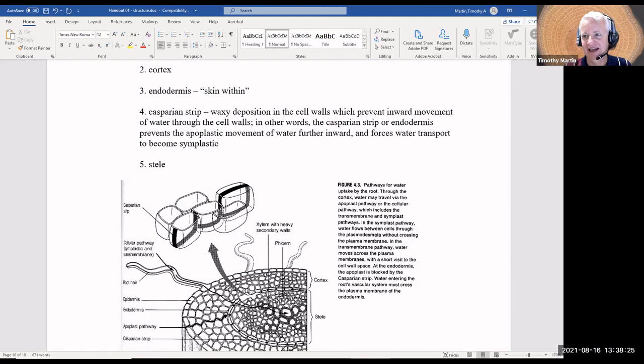Okay, so the endodermis with the Casparian strip provides some filtration against water that's being taken up before it reaches the stele, which is the combination phloem-xylem tissue at the center of the primary root. So that's root structure and the end of the structure lecture.